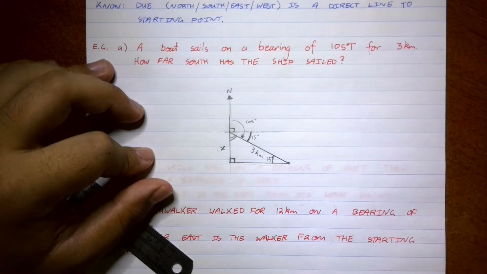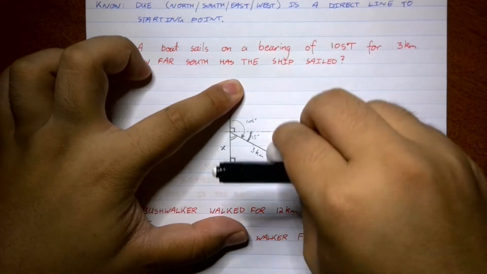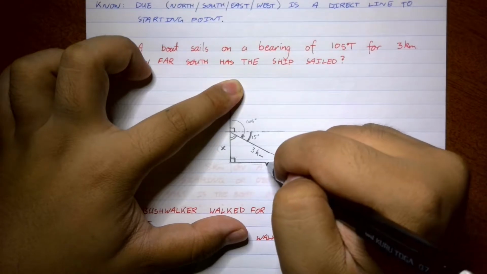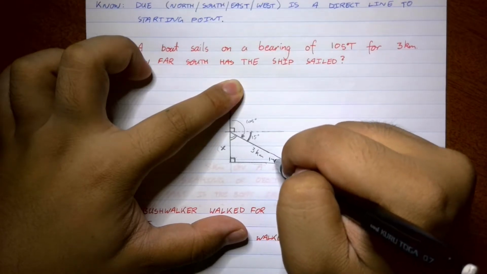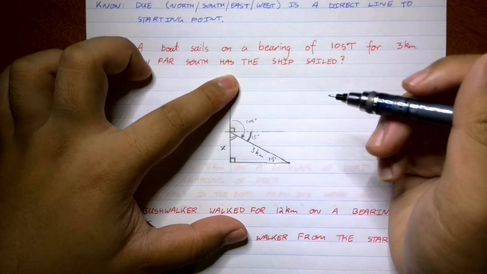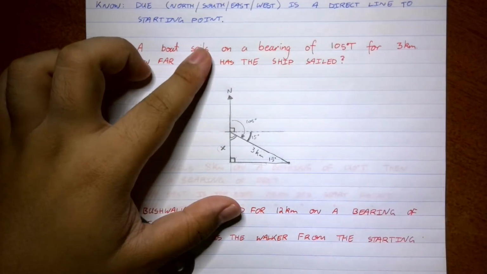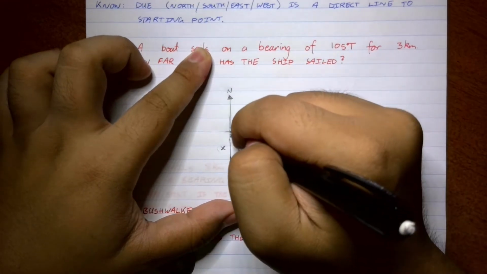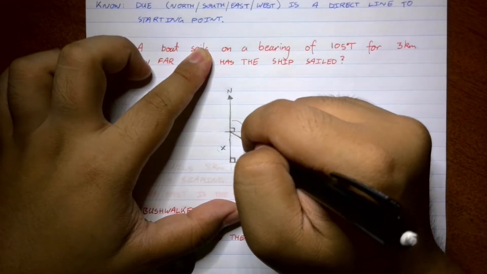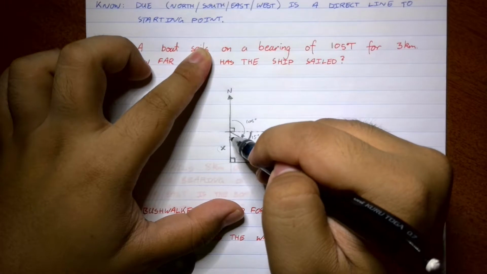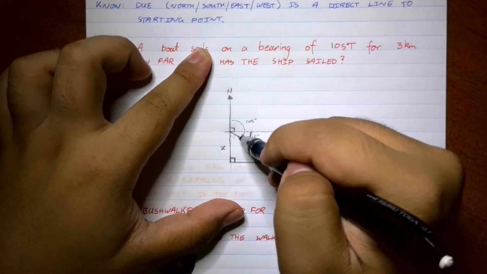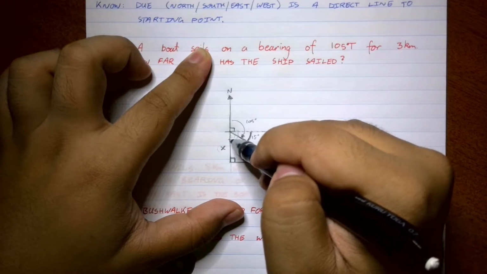Another way we can do this, let me clean this up just a little bit. This is 15 degrees. Another way we can look at this, I'm going to answer this angle now. The angle here between south and east must be 90 degrees.